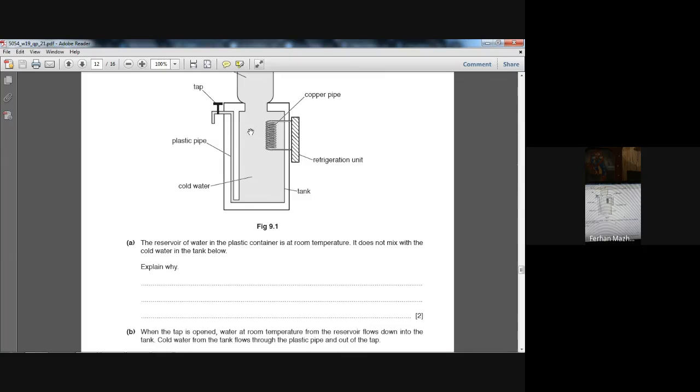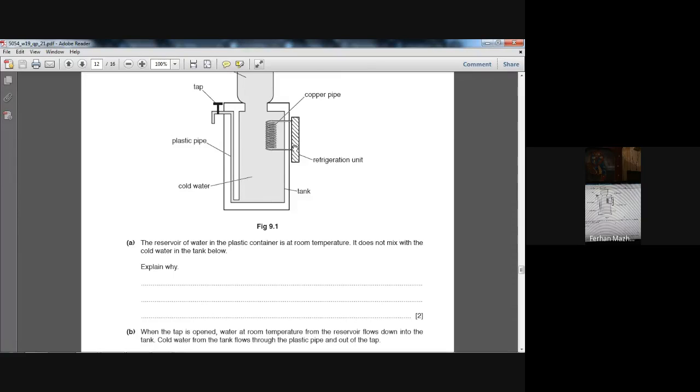The water is hot, so the heat will be conducted by the copper pipe. The heat from the hot water will be conducted. The heat will go inside the pipe. So that gas will become hot and go back to the compressor.